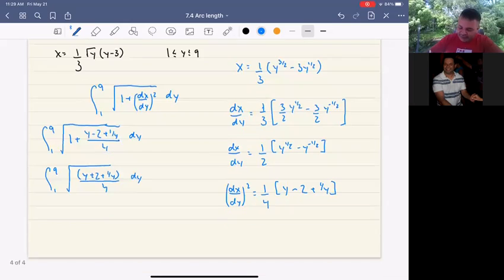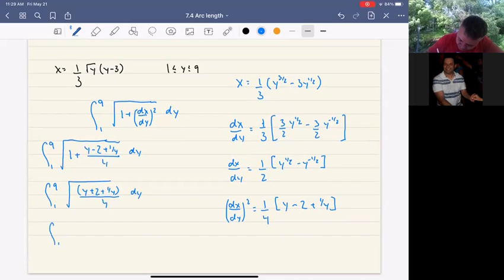So that's going to equal, pull out the 1/2. Remember, square root of 4 is 2. y to the 1/2 plus y to the negative 1/2 dy.